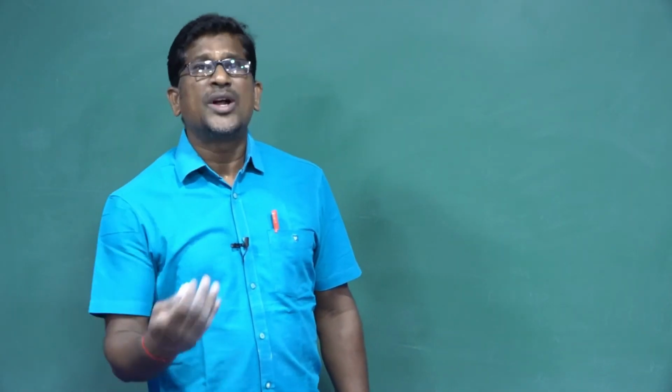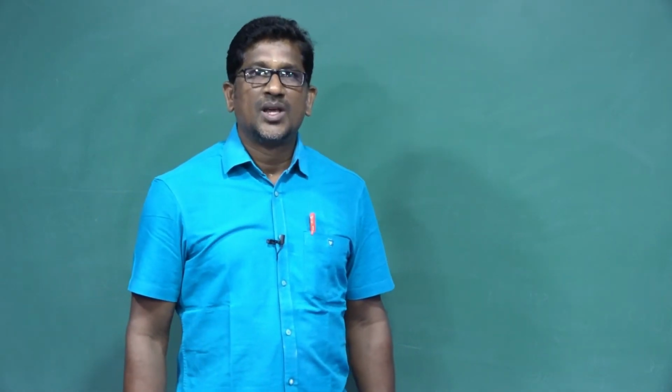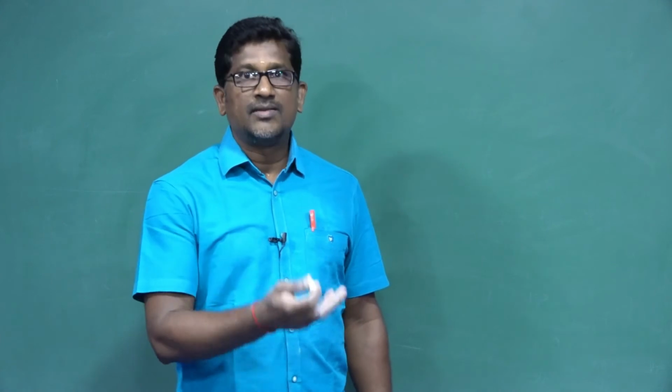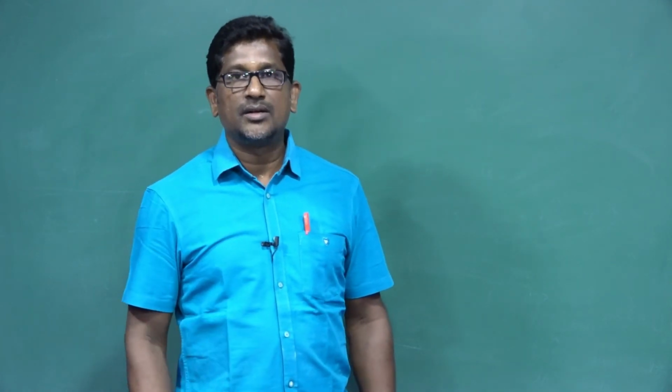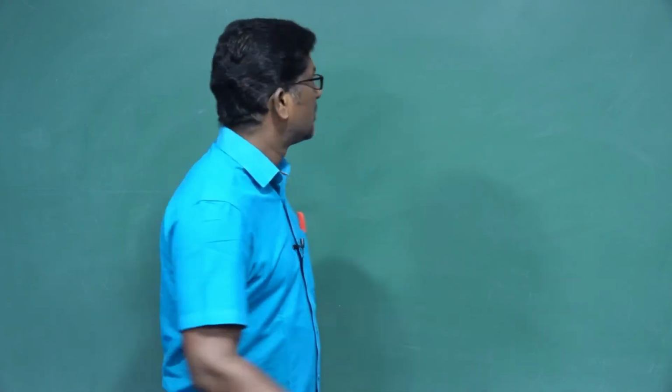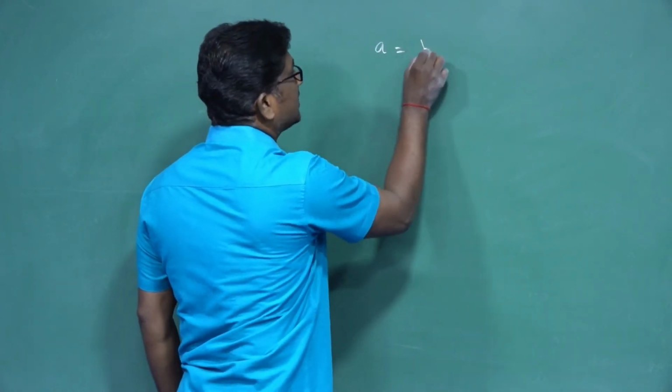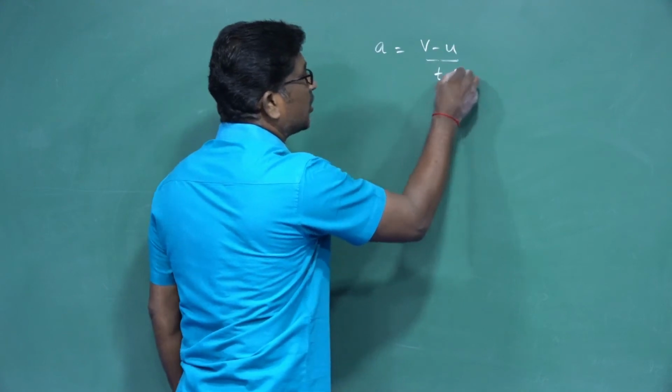Alright, how can you calculate the acceleration? If you know the initial velocity, final velocity and the time, we can calculate the value of acceleration by using the formula a is equal to v minus u divided by t.